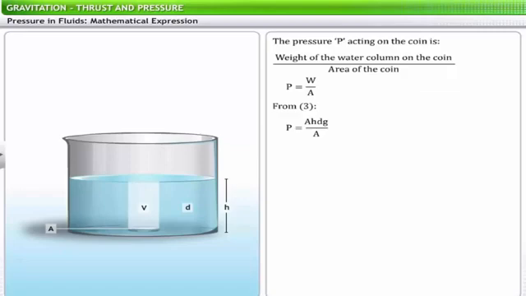This gives the expression of fluid pressure P. P is equal to hdg, where h is the height of the water column, d is the density of the water, and g is the acceleration due to gravity. Using this expression, you can calculate the pressure applied by a fluid on the walls as well as the base of a container. The pressure at a point in a fluid is equal in magnitude in all the directions.